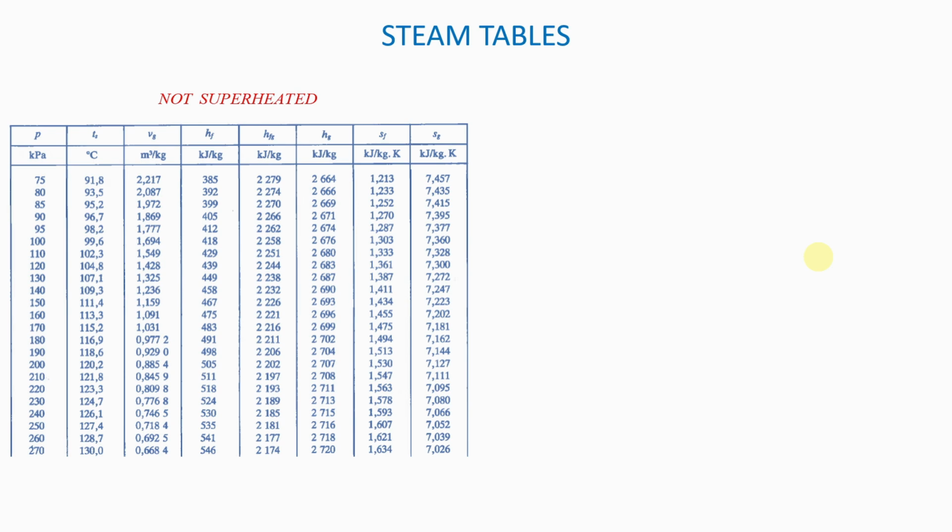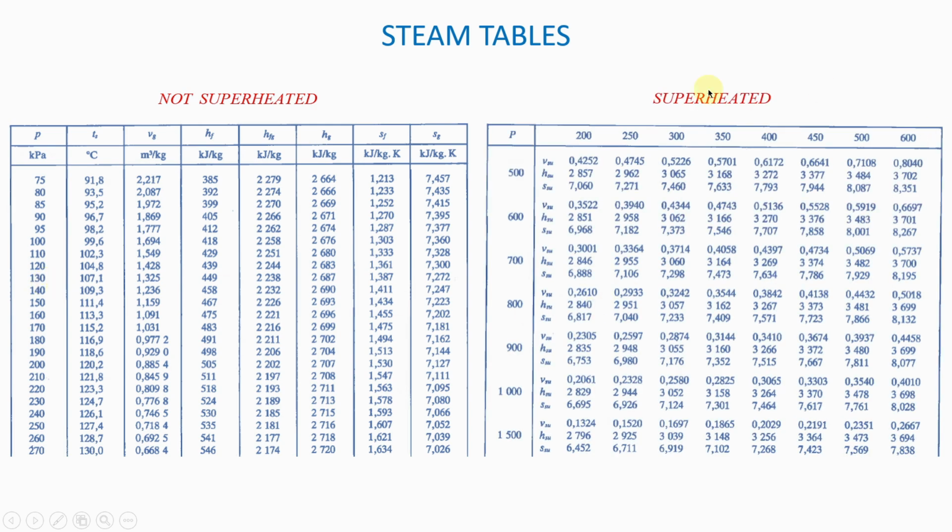You have, first of all, the steam table that is useful when you're dealing with steam that is not superheated, and it looks something like that. And then you have steam tables that are used when you're dealing with steam that is superheated, and those tables look like this, okay? And it's very important for you when you're reading a question to know which of the steam tables you're supposed to use.